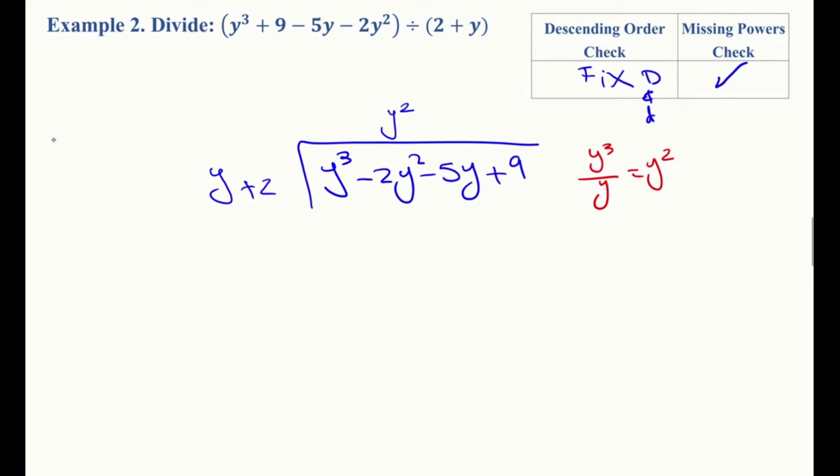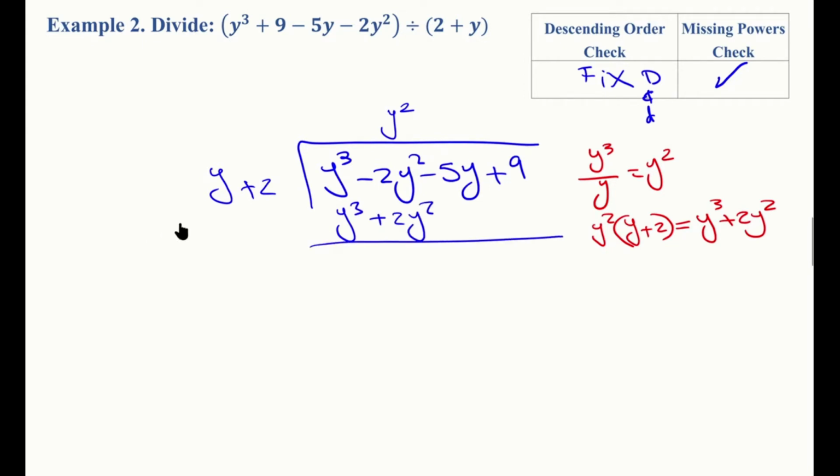So that means we're going to multiply y squared by y plus 2, which will give us y cubed plus 2y squared. So we go ahead and write that here. So we get y cubed plus 2y squared.